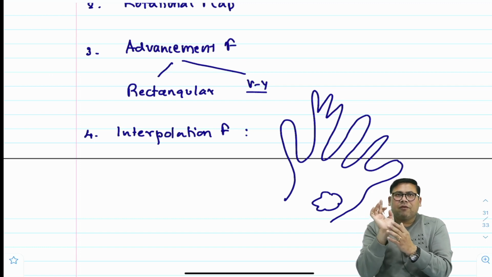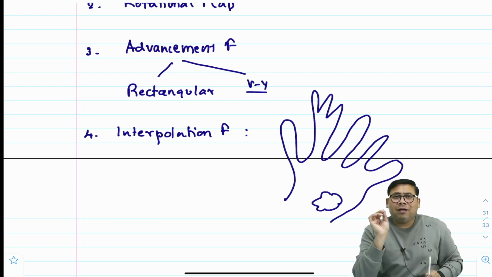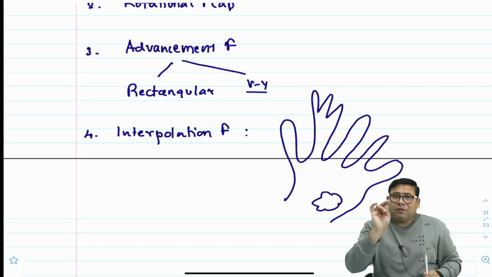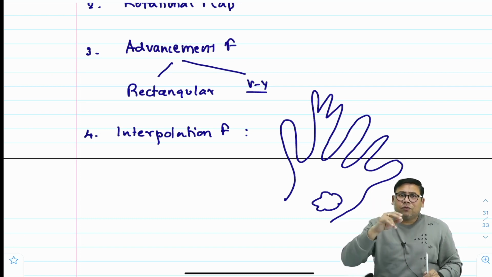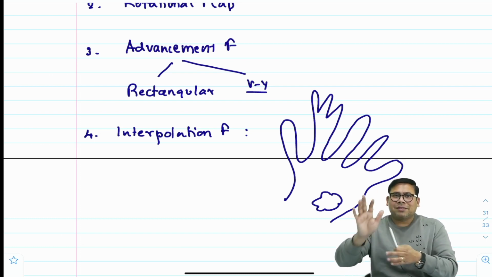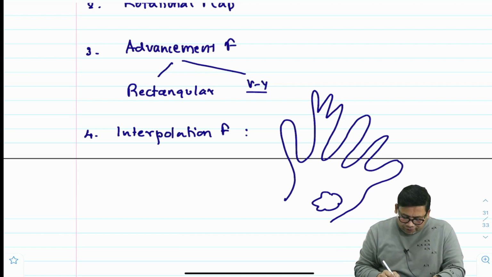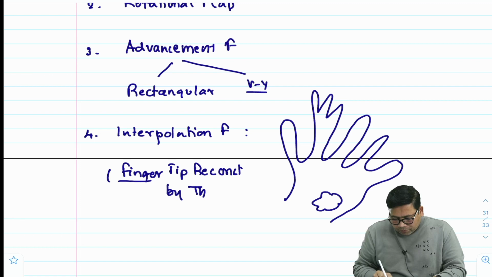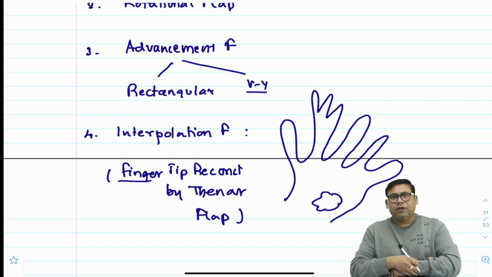So you are using the Thenar eminence skin over this point. This is the hand, the same anatomical region. That is why fingertip reconstruction by Thenar flap is a classical example of an interpolation flap.